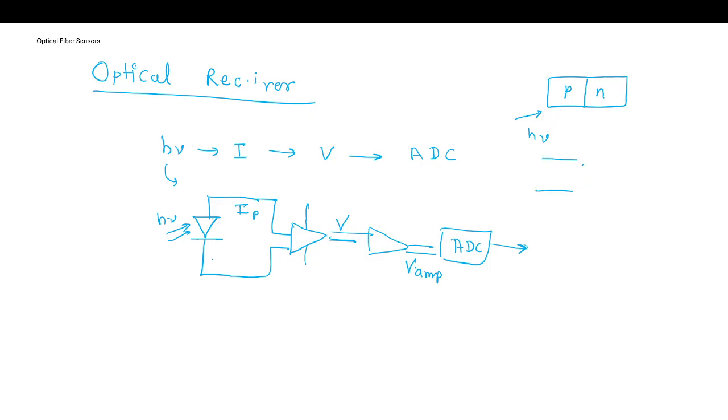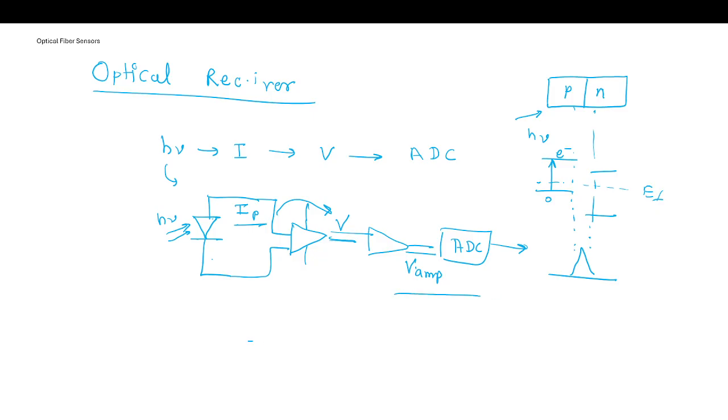You can see here easily, there will be electron and hole generation, and they will travel, and because of that it will produce a current IP, which will be used for the voltage generation, and after that it will be improved further.